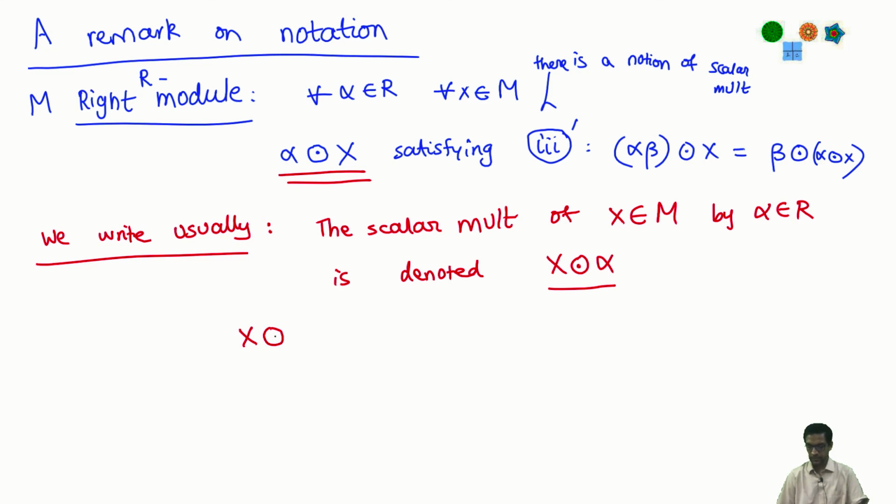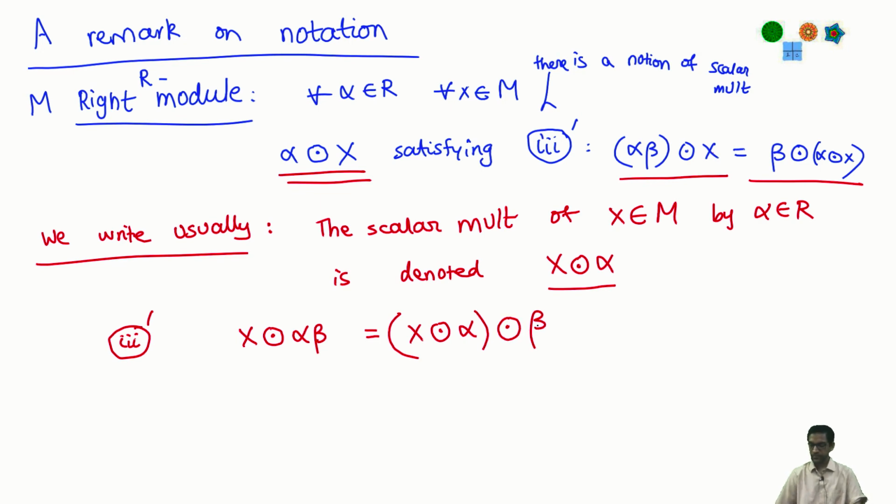Because it captures this axiom 3 prime notationally in a more pleasing way, which is that x scalar multiplied by alpha beta says that if you want to scalar multiply x by alpha beta, you must first multiply by the scalar alpha, then by the scalar beta. In our new notation, x is first scalar multiplied by alpha, then by beta. So in some sense it flows in the same order.